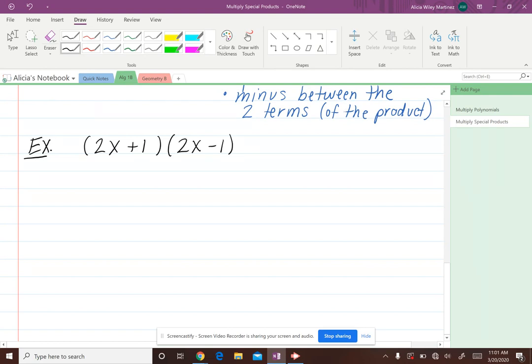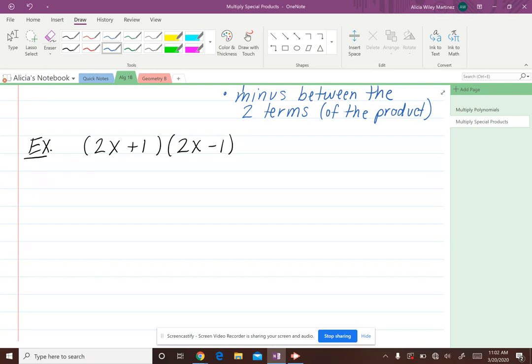Same sort of terms. I'm already recognizing this product as a difference of two squares. Both binomials look almost the same. The only thing that's different is the sign between the two terms, a plus here and a minus here. I'm going to give you a second to pause your computer so that you can try this one on your own before we move on.